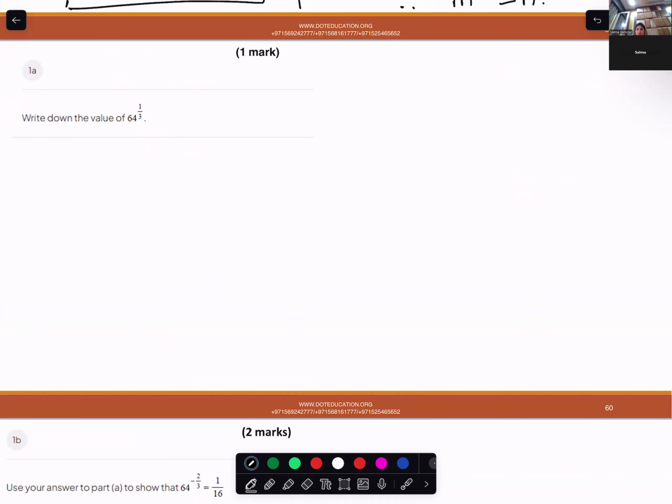Come on, the next question is write down the value of 64 raised to 1 by 3. Think. I know x raised to 1 by 3 is the cube root of x.